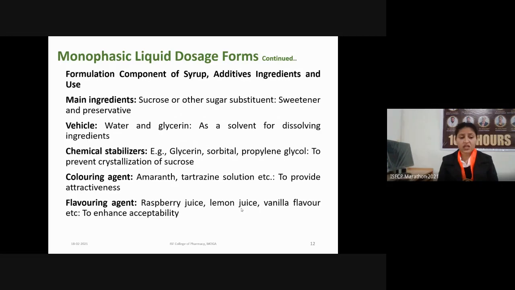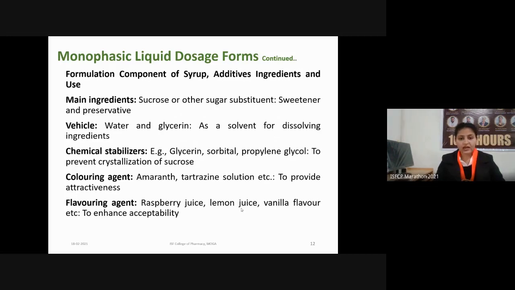The second ingredient is the vehicle. Most widely we use water as a vehicle in the preparation of syrups, but we can also use glycerin in some cases. Vehicles are the solvents, as we have discussed in our previous sessions. In my previous lecture, I discussed the different types of excipients that we use in the preparation of liquid dosage forms, and one of those excipients is the vehicle.